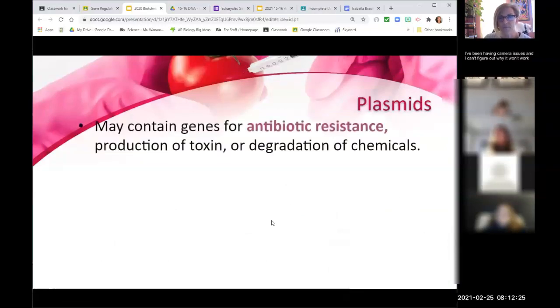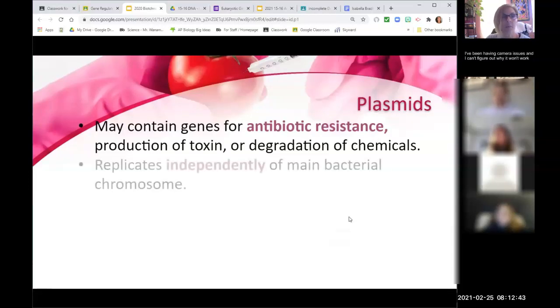So the plasmid may contain superpowers like antibiotic resistance. We know that a lot of the bacteria have evolved over time, right? And we have a hard time fighting them now because they have become resistant to our antibiotics. Every time we introduce a new antibiotic, some of the bacteria will have mutations that allow them to be resistant to that antibiotic.